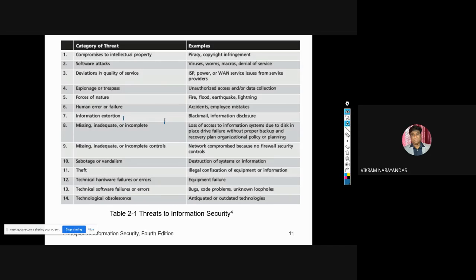All of this comes under deliberate acts of information extortion, which is sensitive data exposure. The attacker steals information from the computer system and demands compensation, that is, blackmail, for its return and for non-disclosure. For example, credit card number theft is a common thing you see nowadays.